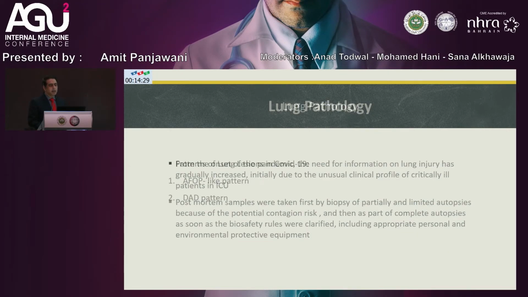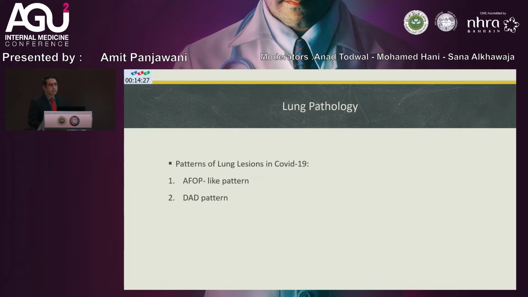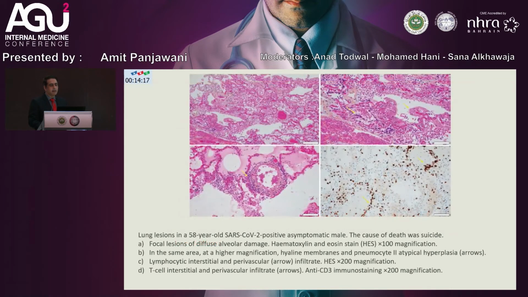In the early phase of the COVID pneumonia, what we find is an acute fibrinous organizing pneumonia like pattern. This pattern is classically identified by fibrin plugs present within the alveoli, and more often than not, they may be associated with hyaline membranes, which are seen lining these alveolar walls.